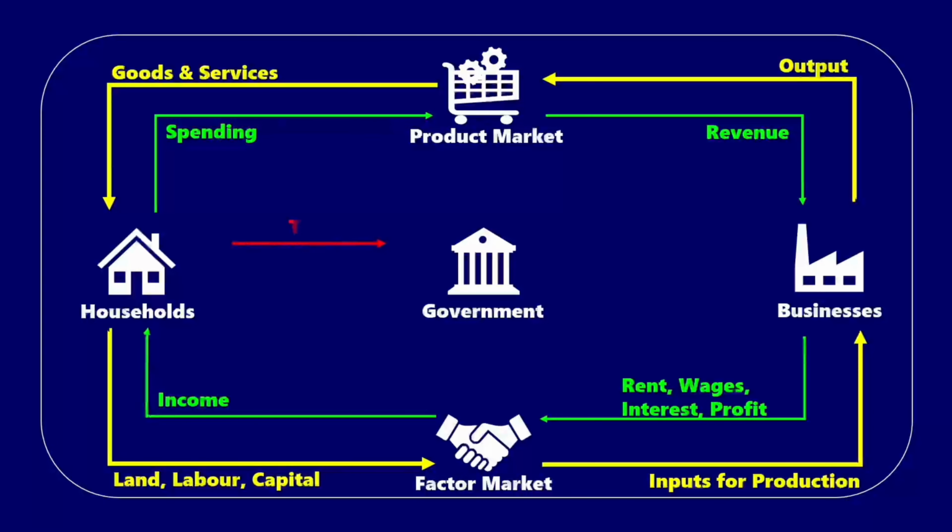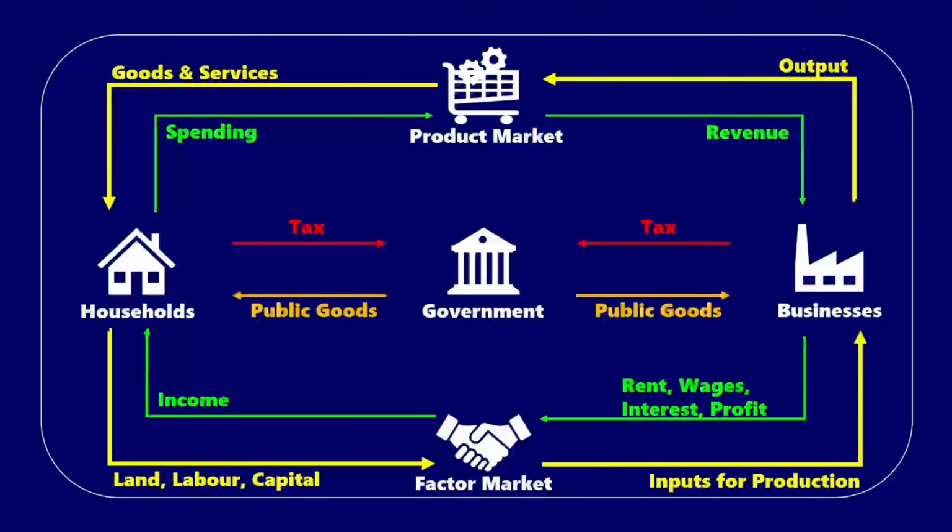But now let's add in the government. Households and businesses both have to pay taxes to the government. Then the government uses that money to provide public goods and services like roads, national defense, public schools, and infrastructure that supports the whole economy. Finally, notice how the government is doing both in both markets.